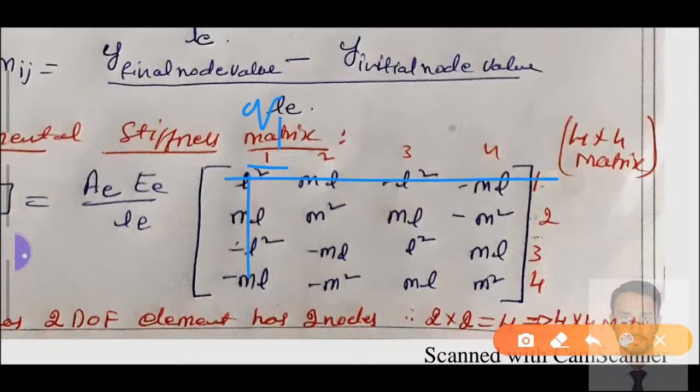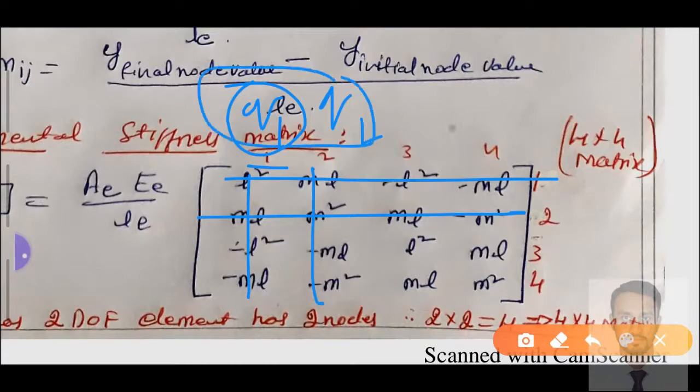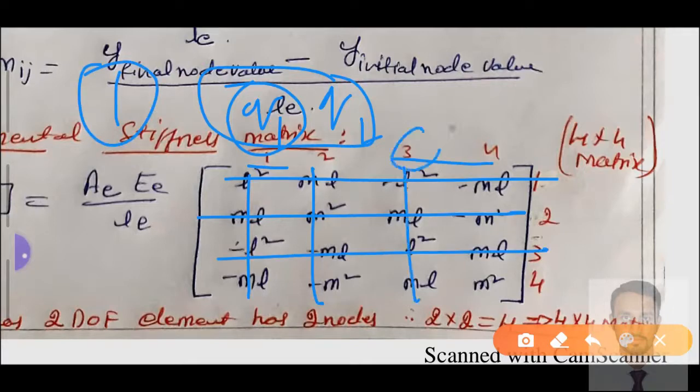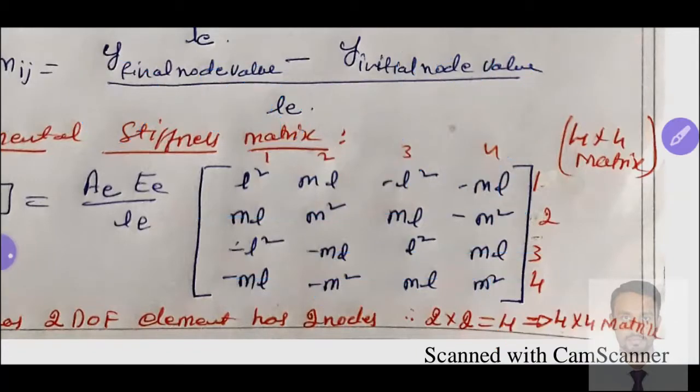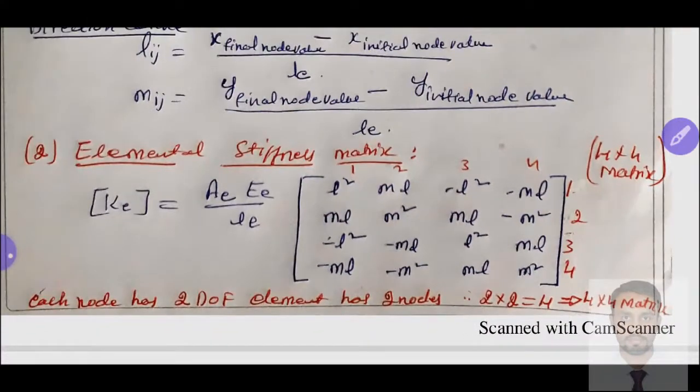This is the first row, first column, and the second row, second column is q2. This is node number 1. And the third row and third column is q3 at node number 2 along the x-axis. The fourth row and fourth column is q4, depending upon node number 2. Each node has 2 degrees of freedom. That is the reason the elemental stiffness matrix is a 4 cross 4 matrix.